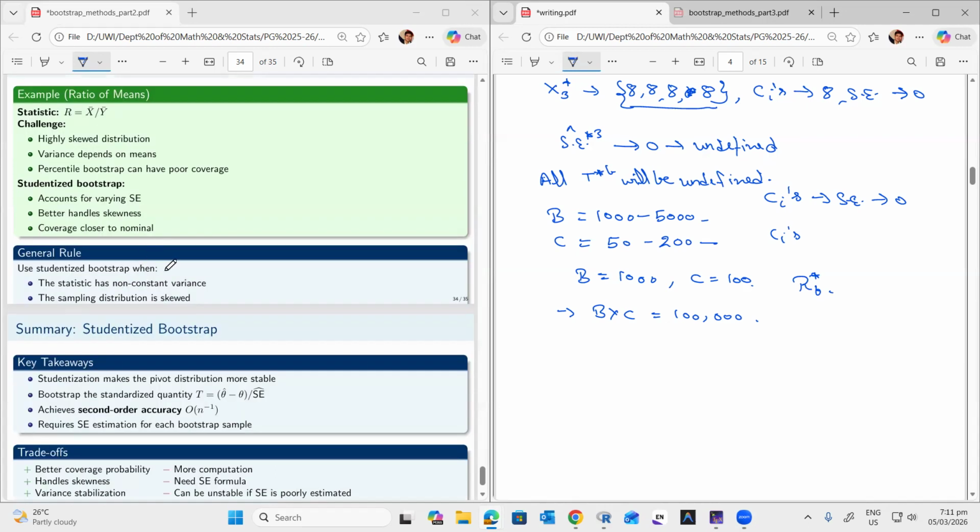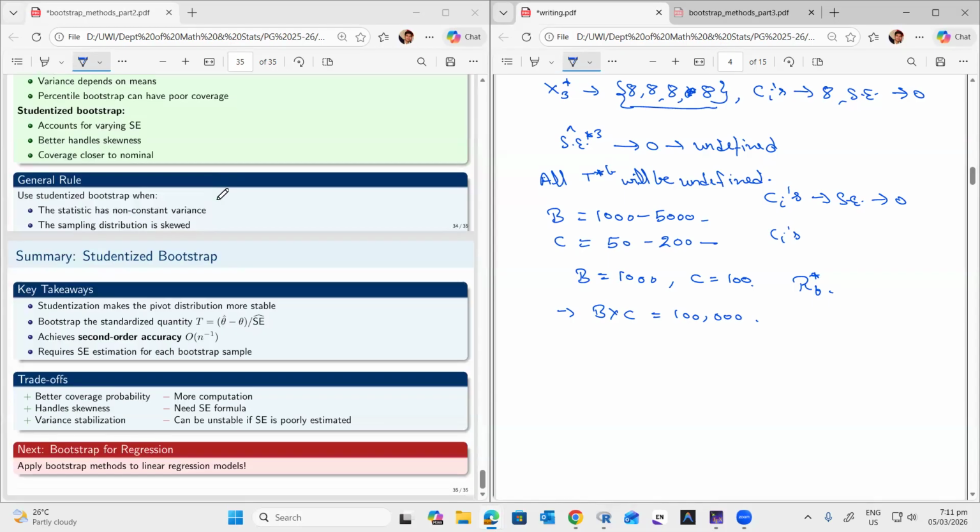So the general rule is to use the studentized bootstrap method when, first, the statistic has non-constant variance and, second, the sampling distribution is skewed. At that time we can use the studentized bootstrap method. So this is the summary of studentized bootstrap.